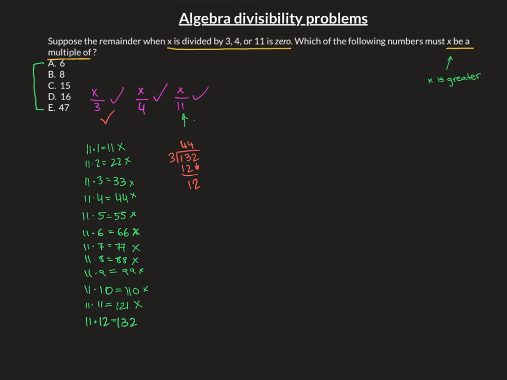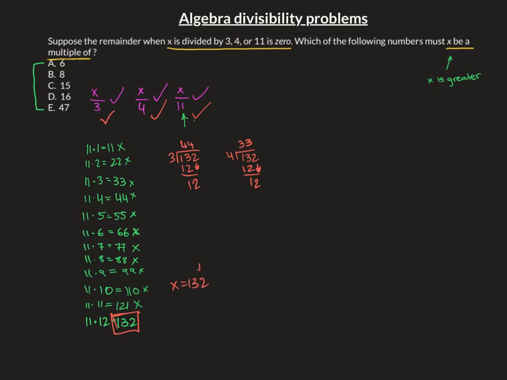So 3 works. Now we check 4. 132 divided by 4, we get 3, 12, bring down the 2, and 3, so 33 times 4 does work. So that means 4 can be checked off and 11 also can be checked off. So 132 is x. X equals 132.